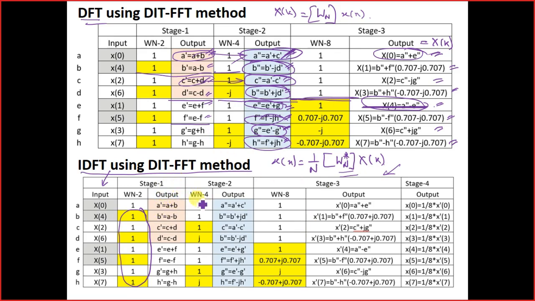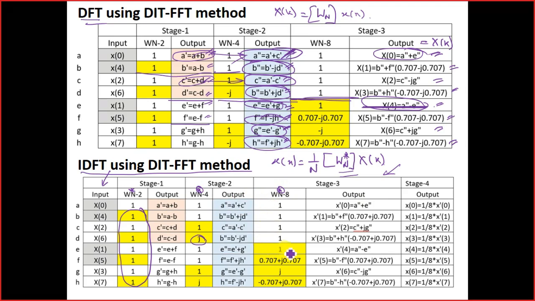But in the W8 to the power 4 stage, we are having j. Sorry, there should have been a conjugate over here. Okay, this should have been conjugate. So now please rectify your figure, I will be rectifying this figure later on.